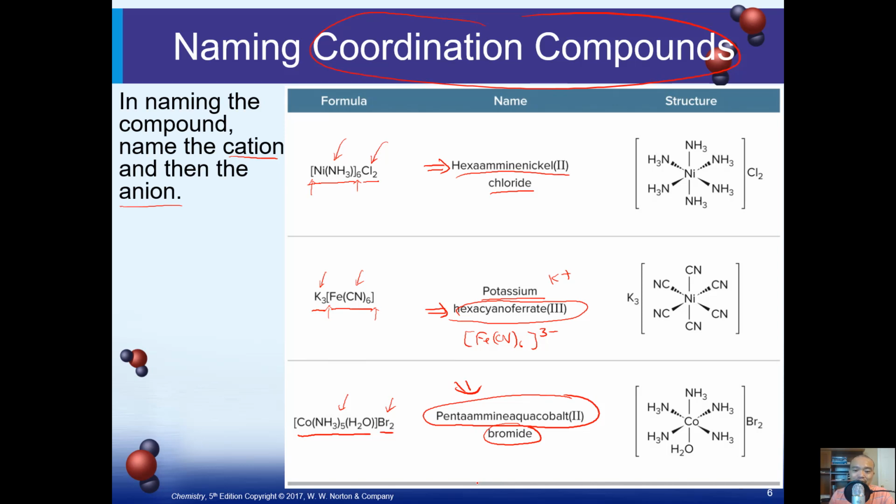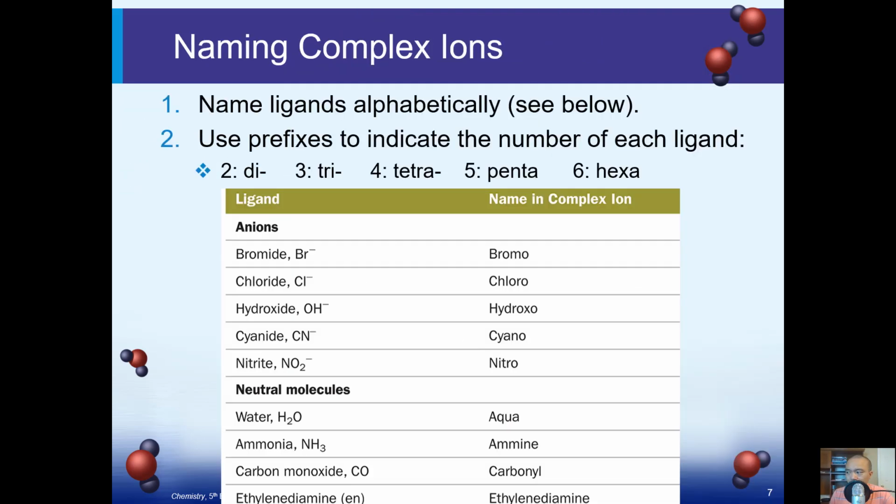So let's look at the details. The first step to name the complex ion is first you name the ligands. If you have more than one type of ligand, then you will put them in alphabetical order. And the ligands are slightly different from the original anions.